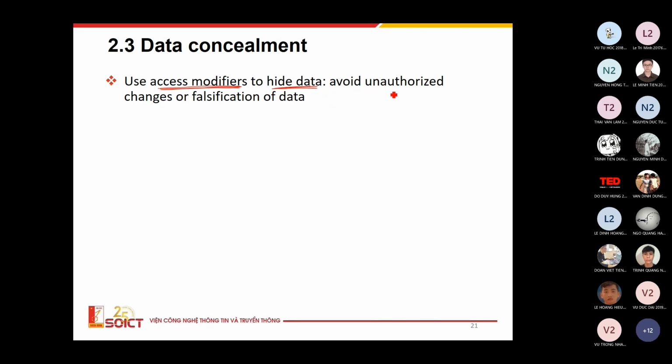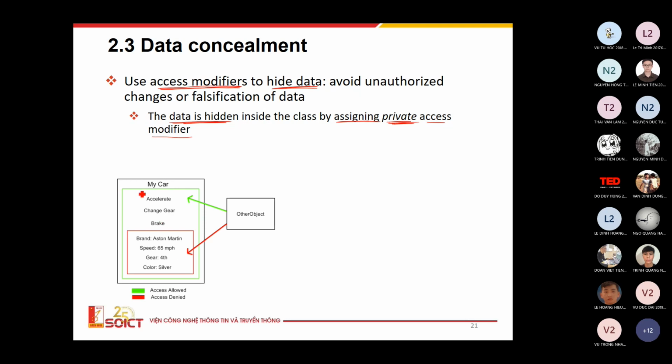So the user cannot change the data without authorization, for example. Yeah. So when you want to hide some data, you need to assign it the private access modifier. Okay? If you want to hide something, you will assign it the private access modifier. Okay, and mostly every attribute of an object will be assigned the private modifier.